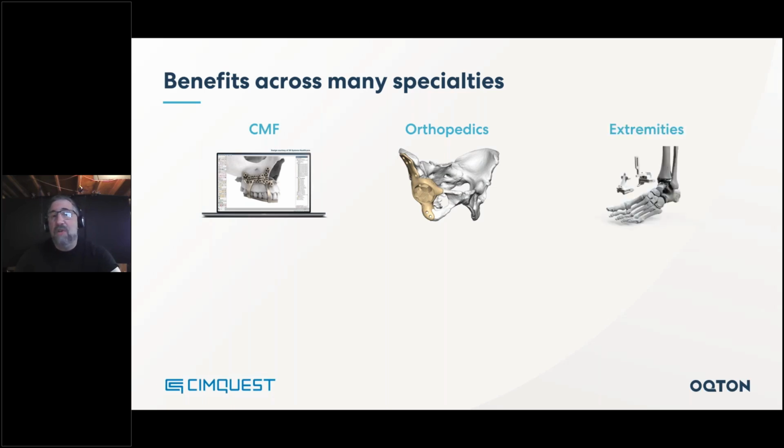Extremities, here we have a generic implant, but the guides are made for the surgery, and that allows for greater efficiency and accuracy and ultimately better patient outcome.